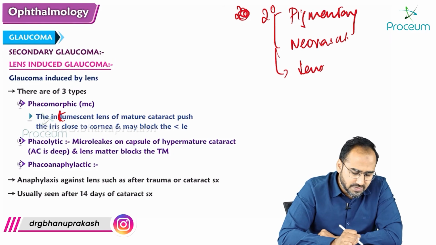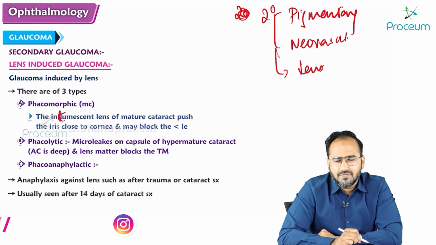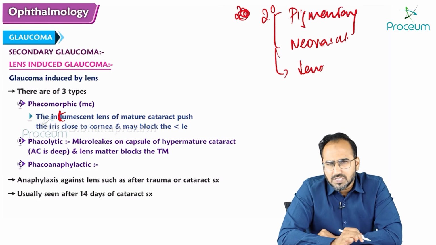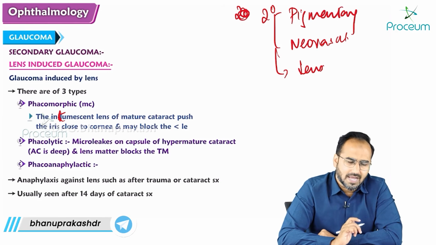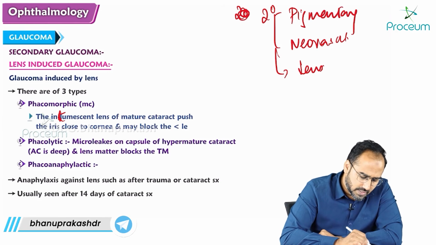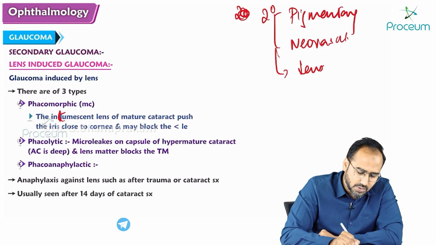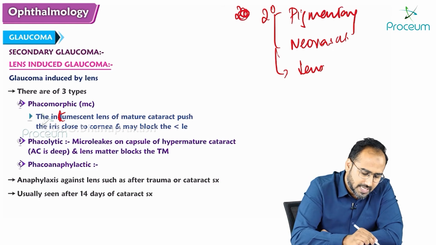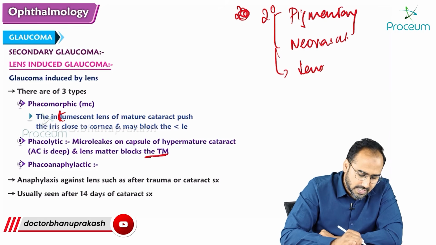The intumescent lens of the mature cataract pushes the iris towards the lens and may block the angle. Once the posterior chamber is closed, the iris is slowly pushed towards the cornea, leading to what? Angle closure glaucoma. Phacolytic meaning what? I told you, in hypermature stage of the cataract, there are micro leaks of the capsule of the lens, which block the trabecular meshwork, right?